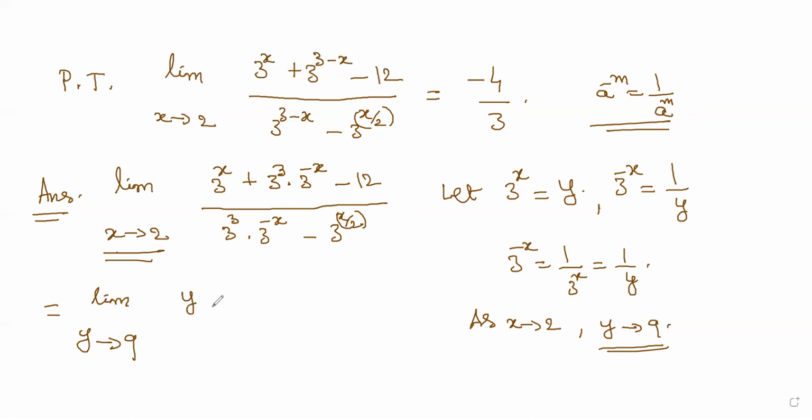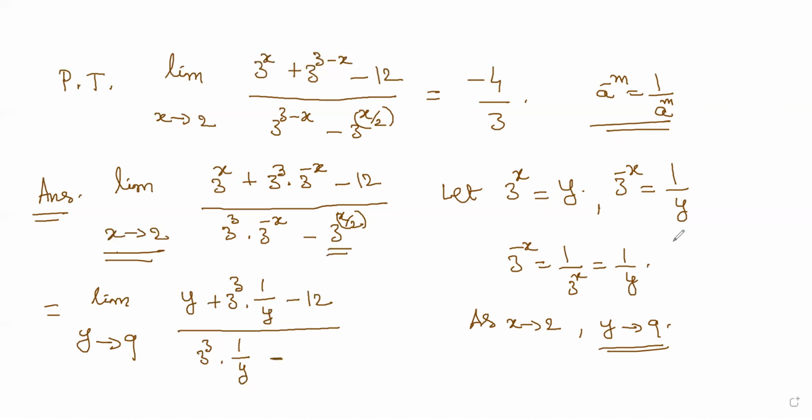So it becomes limit of y plus 3 cube into 1 by y minus 12, whole divided by 3 cube into 3 power minus x, which is again 1 by y, minus what happens to 3 power x by 2.